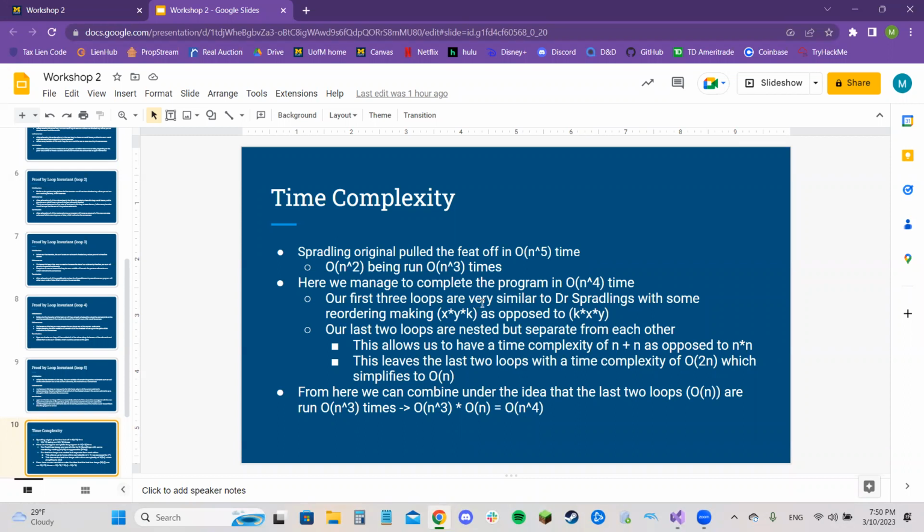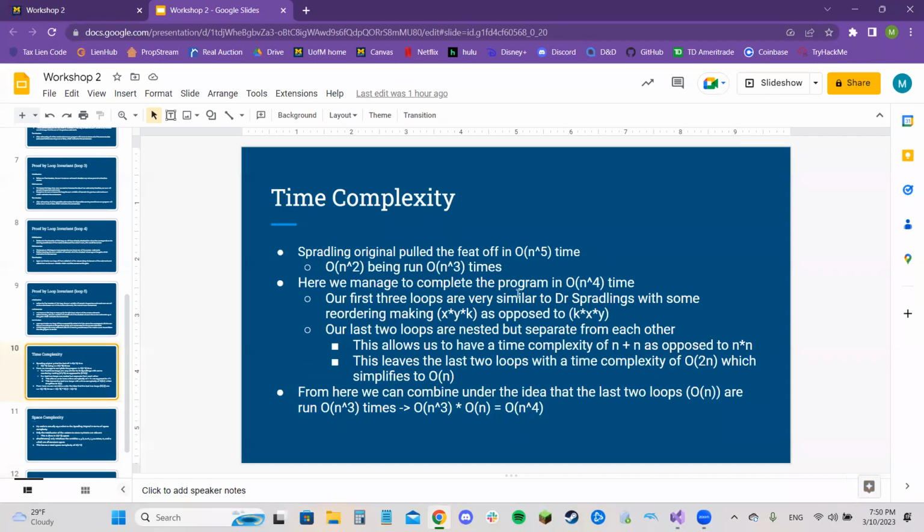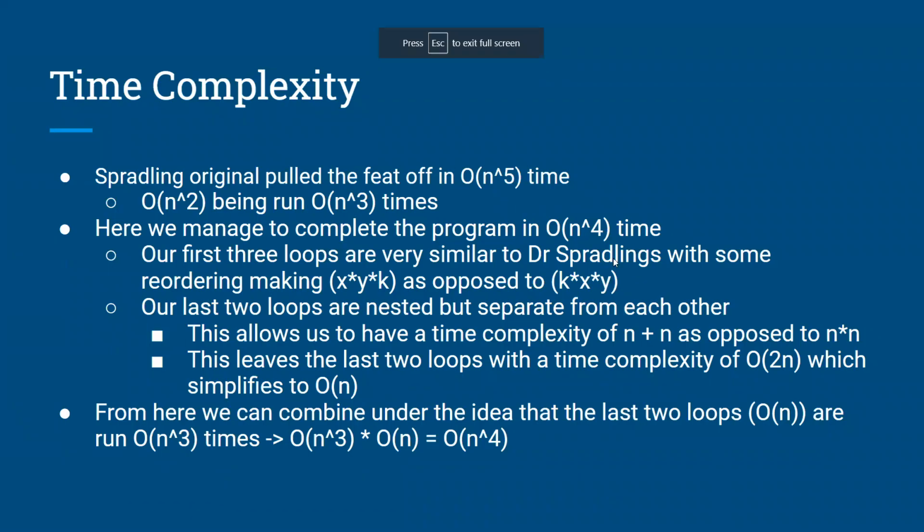Our first three loops, like I said, are very similar to Dr. Spradling's brute force. Just a little reordering occurred because I decided to move manipulating the current size of the submatrix to after the coordinates, where it was opposite there in the brute force.